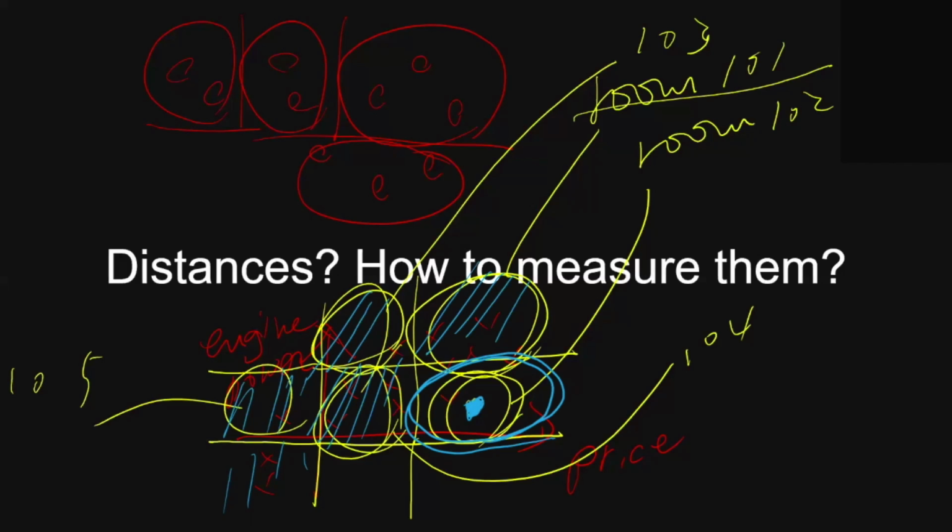I'm not going to tell you how, but imagine that there is some way to split the space into different sections, and then find which section this blue dot belongs to, and only compare this blue dot against the points that belong to that same section.